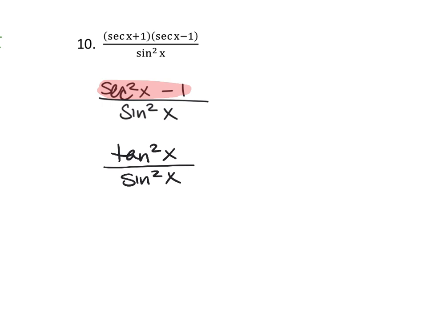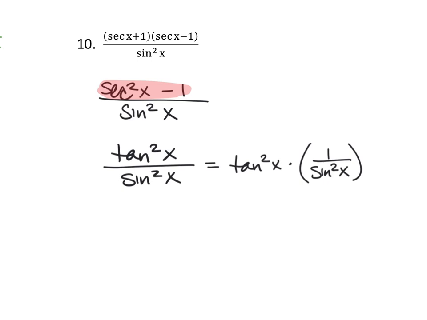Here's what we're going to do. We're going to separate these into two parts. If I have tangent squared of x on top, it's the same as having sine squared of x on bottom. I've just separated this fraction out, where I had the numerator over 1 and the denominator under 1. Is there a rule we can use here?